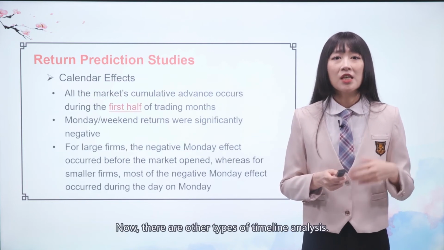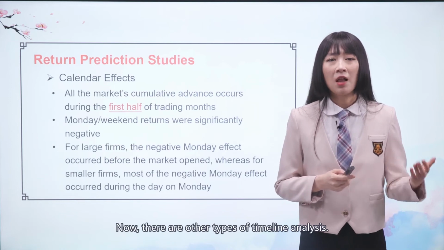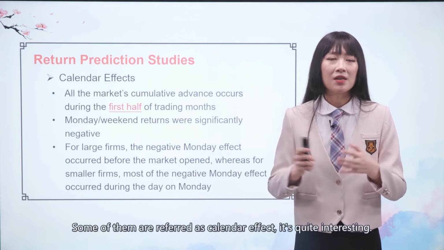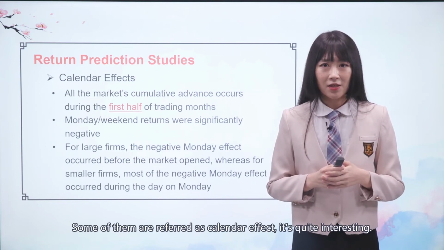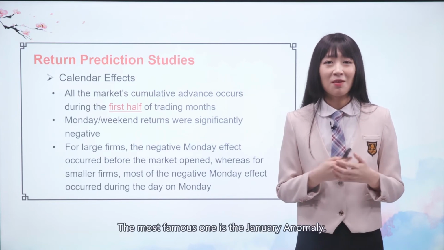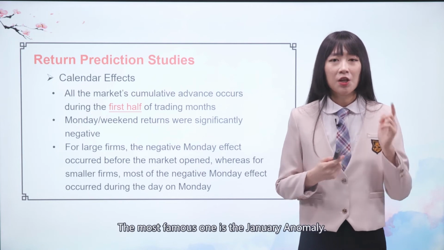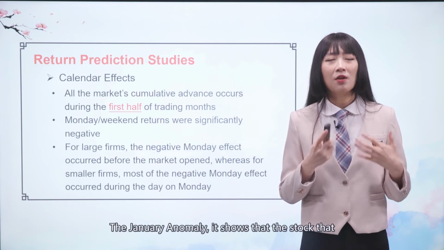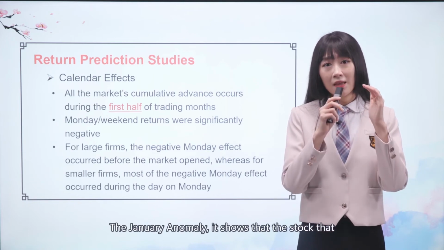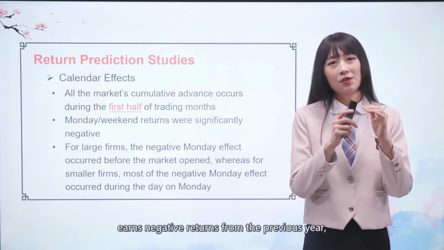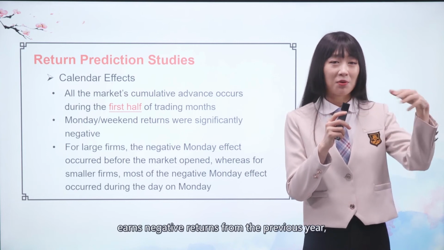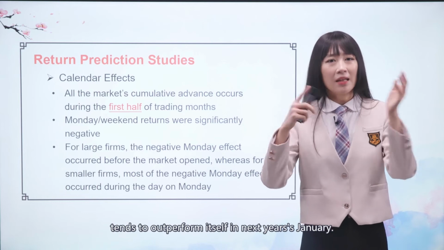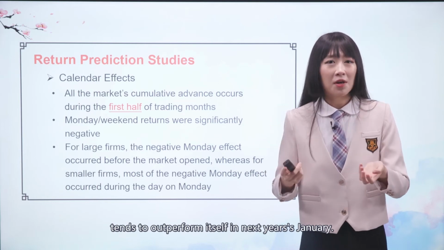Now, there are other types of timeline analysis. Some of them are referred to as calendar effects. It's quite interesting. The most famous one is the January anomaly. The January anomaly shows that stocks that earn negative returns in the previous year tend to outperform in next year's January.